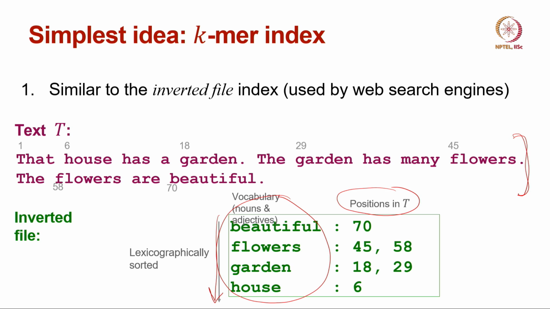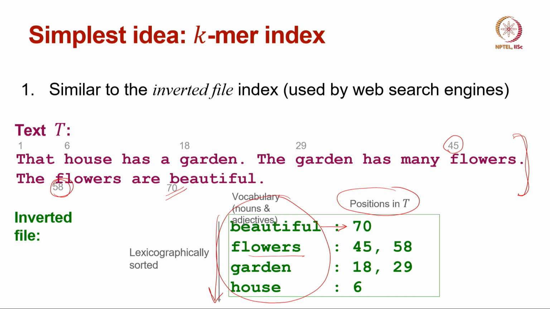So, the word beautiful will occur first, then flowers, then garden and then house, and for each word I am going to keep track of the position at which that word occurs. For example, the word beautiful occurs at position 70, the word flowers occurs twice, that is at position 45 and starting at position 58, and so on. So, this is the classical index that is used for indexing text documents and web documents.